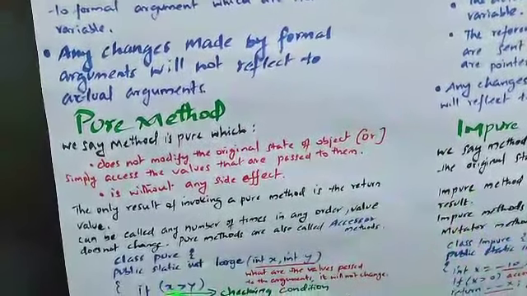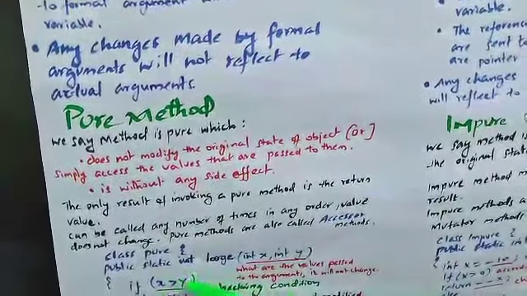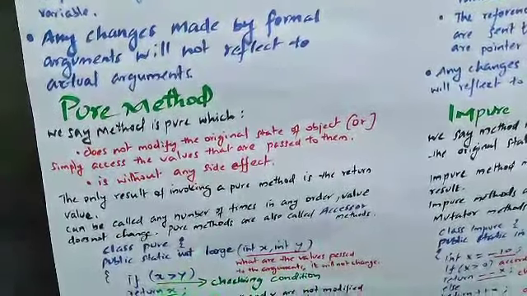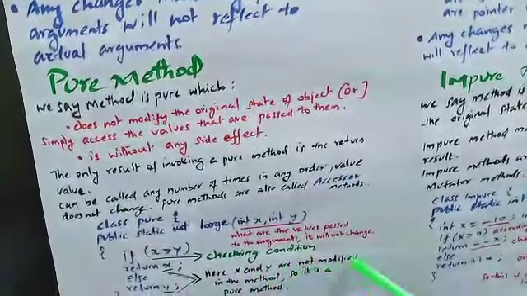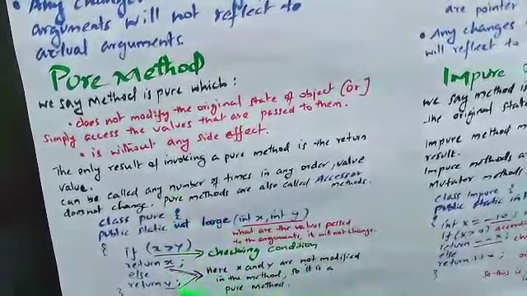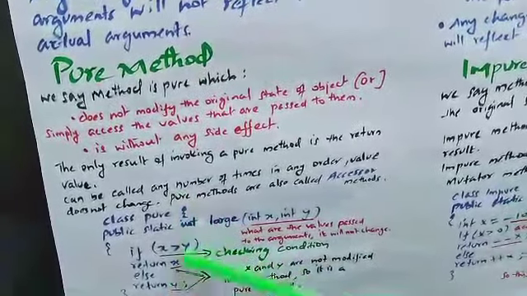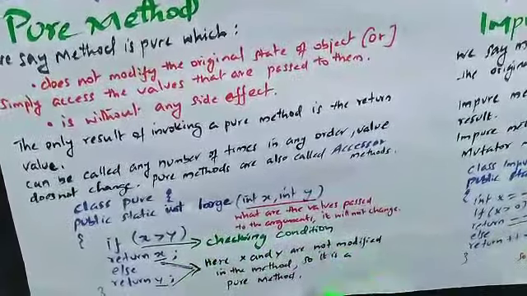Now see, if X is greater than Y, you have to return X. This is our checking condition. Return X, else return Y. This means X and Y are not modified. That is why it is called a pure method, because no modification is done here.